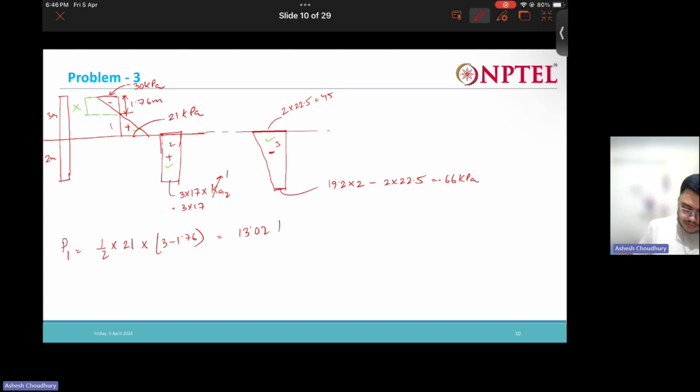P2: 3 into 17 into 2, 6 into 17, 102, correct.